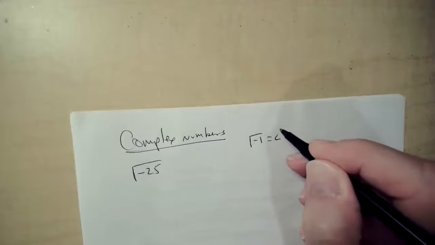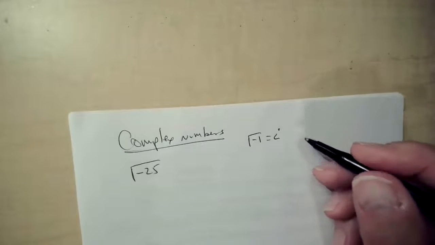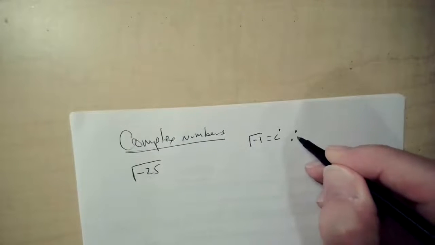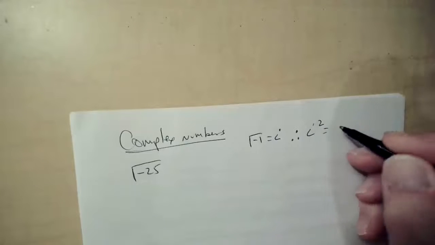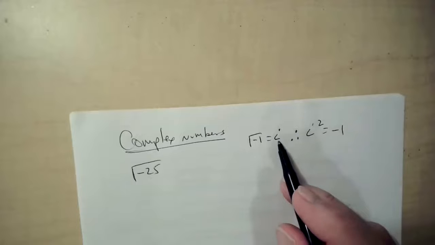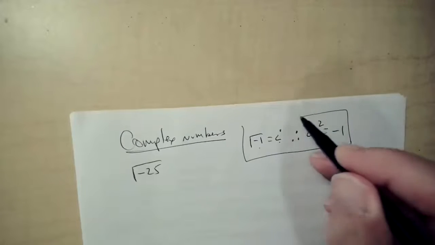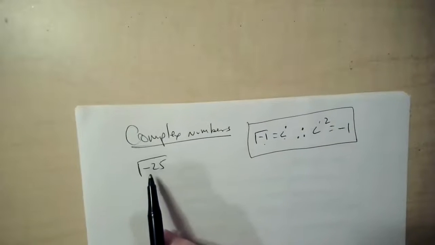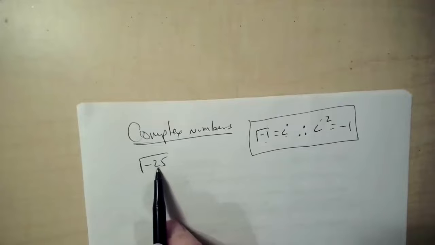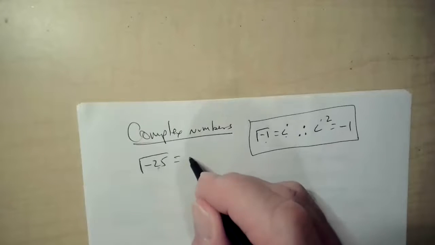And the square root of -1 is i, lowercase italicized i. Therefore, i squared is -1. Square this side, square this side. Now this is semi-important here. So what can we factor this into where we can get rid of this negative?